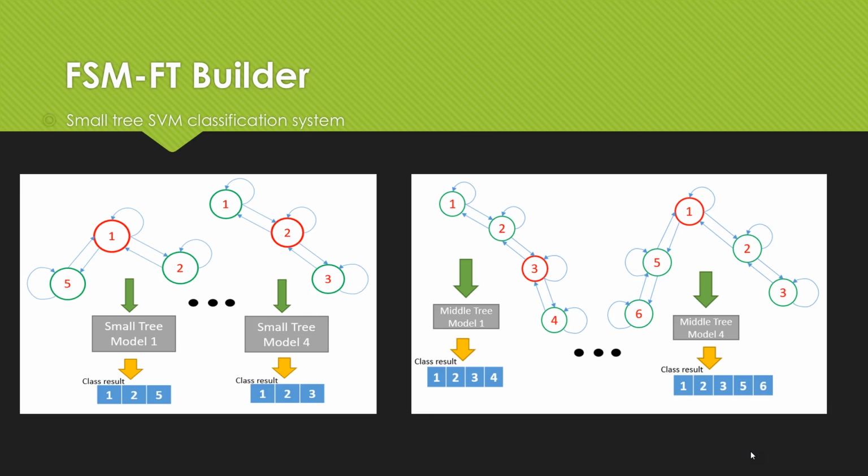Then the one on the right is using two neighbors as a restricted jump. For example, if our current state is 1, we can jump to 5 or 6.